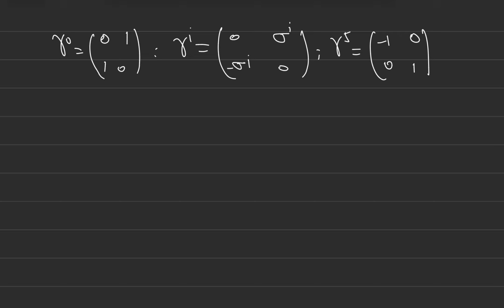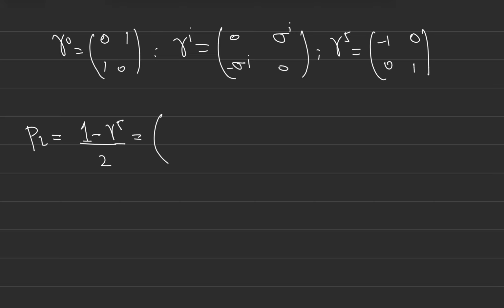In this representation, again, we construct two projectors, which you can do. Let me just go ahead and write them down. We call it PL, which is the identity matrix minus gamma 5, divided by 2. So if I subtract gamma 5 from the identity matrix, what I get is 1 minus 1, that's 2, and here 1 minus 1, that's 0. So I get 2 here and 0 everywhere else. But that 2 divided by this 2 is basically 1.